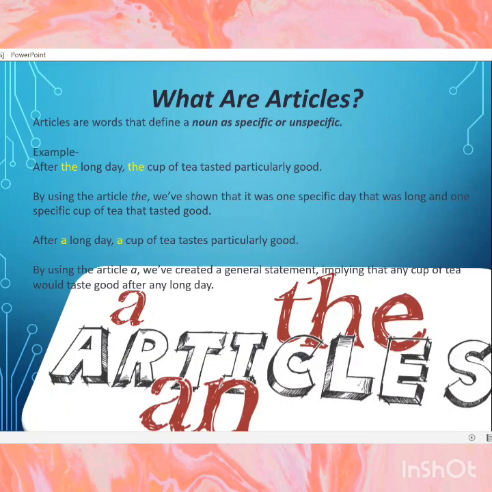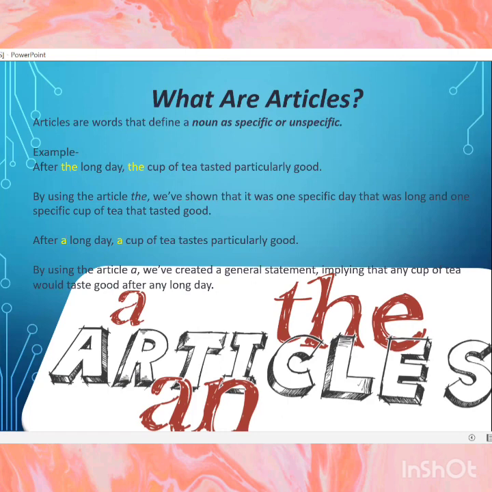What are articles? Articles are words that define a noun as specific or unspecific. For example, after the long day, the cup of tea tasted particularly good. By using the article the, we have shown that it was one specific day that was long and one specific cup of tea that tasted good.